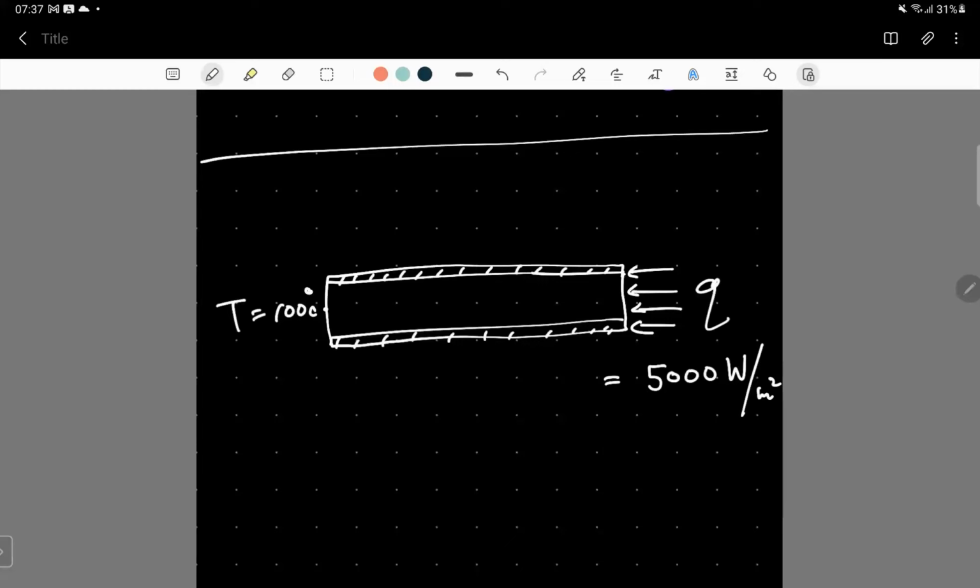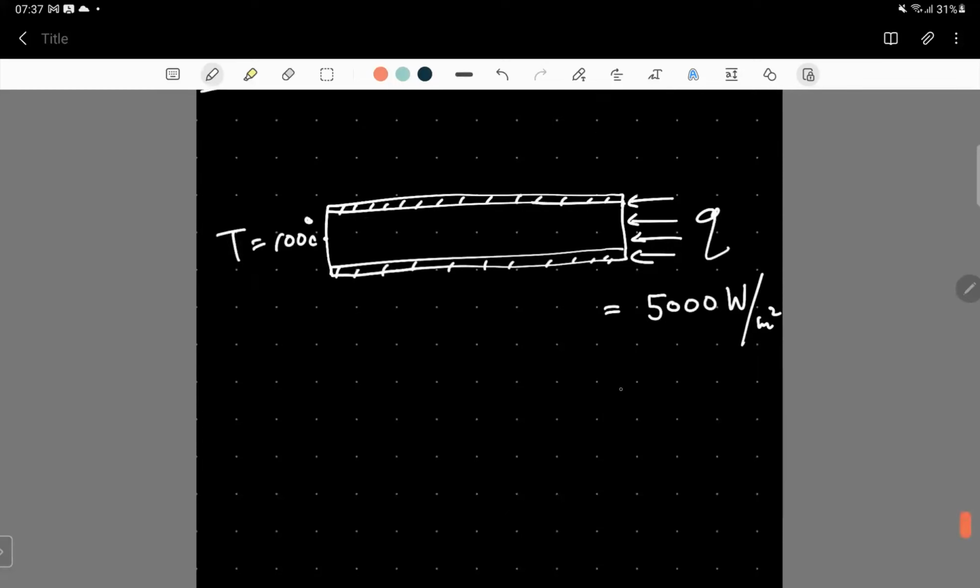The cross-sectional area is 0.1 meter squared. The left hand has a constant temperature of 100 Celsius degrees and a positive heat flux of 5,000 watt per meter squared is directed on the right end.